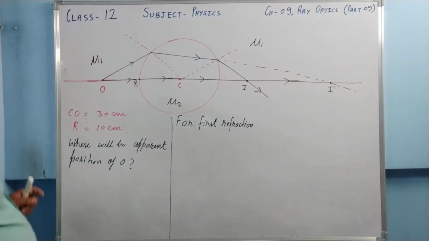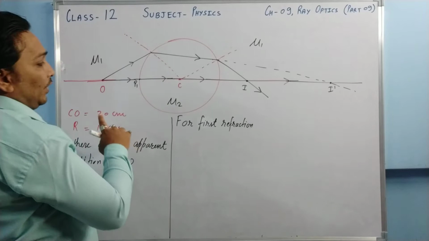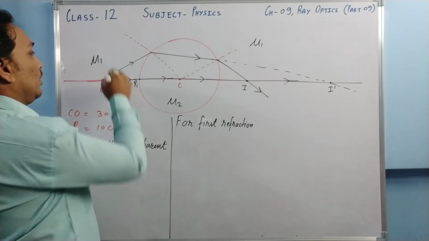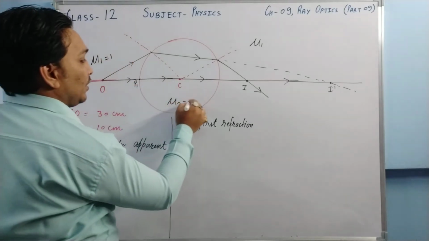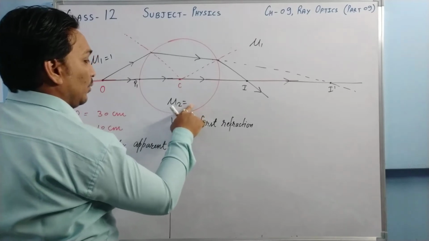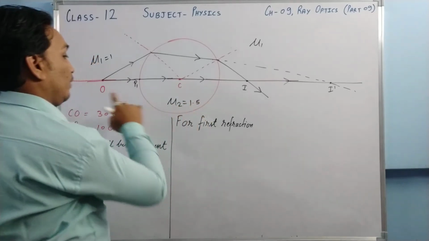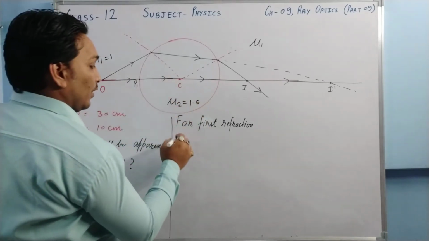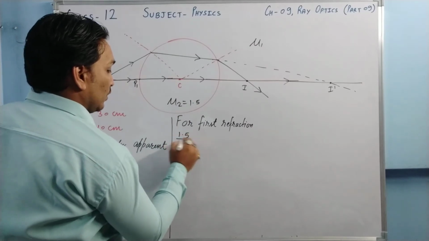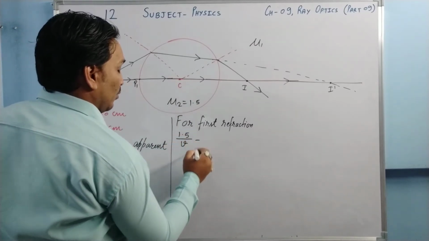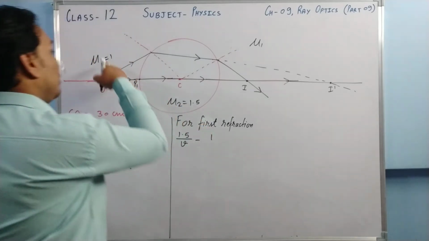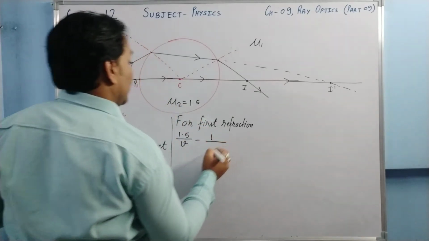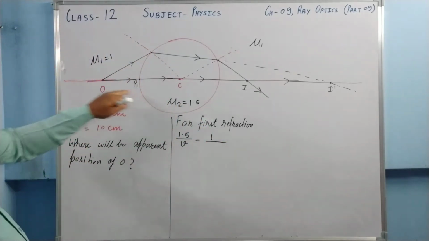Okay, so first refraction, refractive index of second medium. Here the refractive index is 1, its refractive index is 3 by 2 or 1.5. The refractive index of second medium is 1.5 for the first surface upon image distance, minus refractive index of the first medium, it is 1 upon object distance. Object distance will be measured from P1 to O.